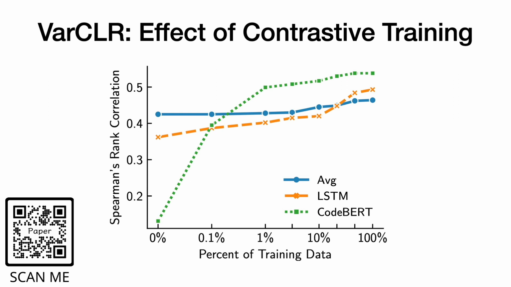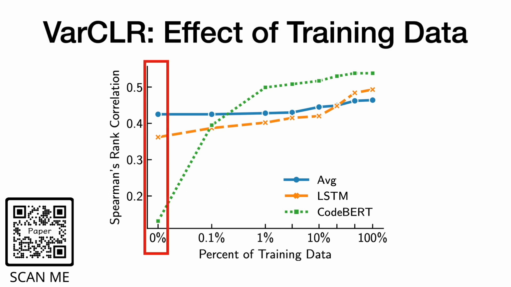As you can see here, at 0% of training data, which means we don't run any contrastive learning and use their off-the-shelf weights pre-trained by these previous works, their performance is not very good, especially for CodeBERT, because it was trained to encode the whole code snippet. When directly applying it to encode variables, which are not complete code snippets, it fails to generalize well.